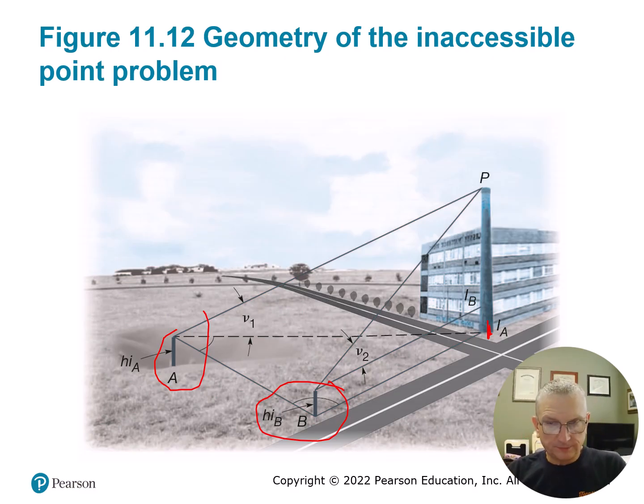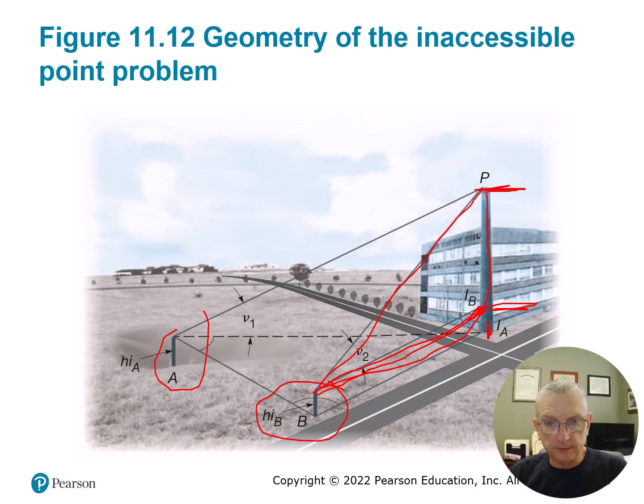And once you've got that, once you've got the length of A to B, and you've got this zenith angle, you can solve for the triangle, three-dimensional triangle, just like trig leveling, from where point B is level with the smokestack, and you don't measure this slope distance, but you can compute it using the law of sines, and then you can get this height that P is above B, and B is a known elevation with an HI.